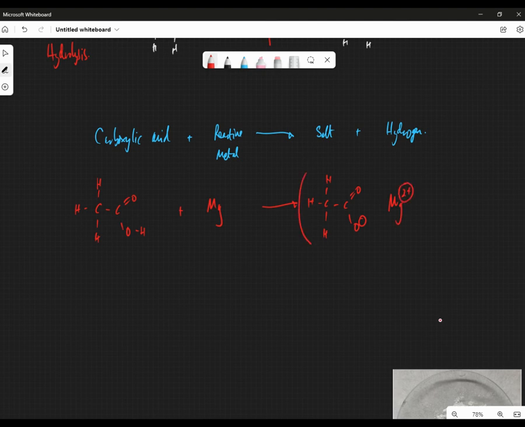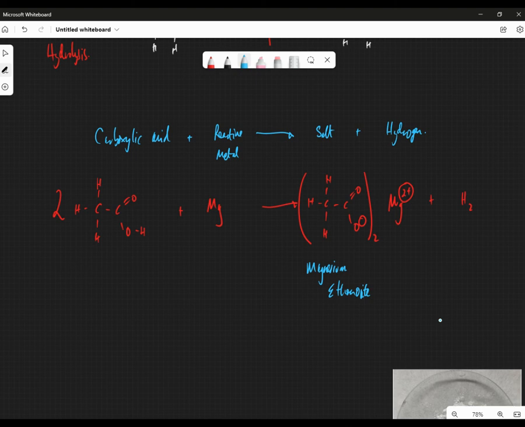So we'll need 2 of these, and we'll get hydrogen gas. Now what's this called? This is called magnesium ethanoate. And obviously this is hydrogen.